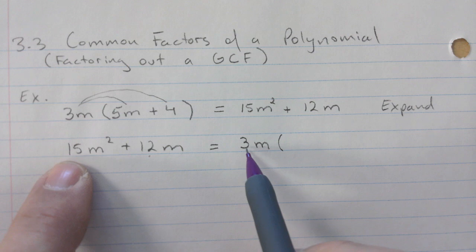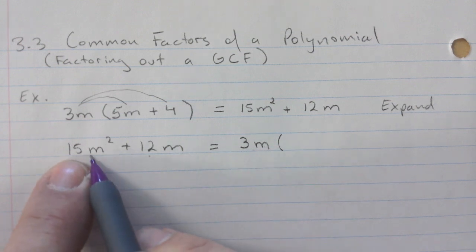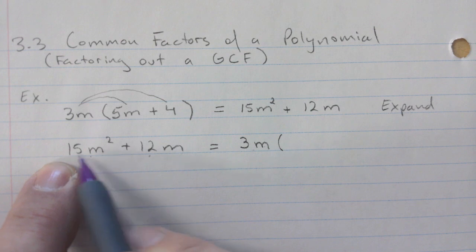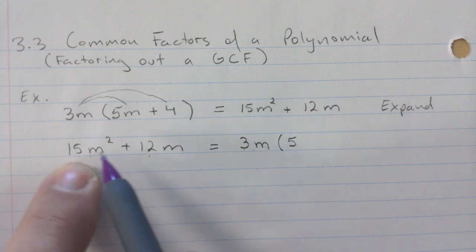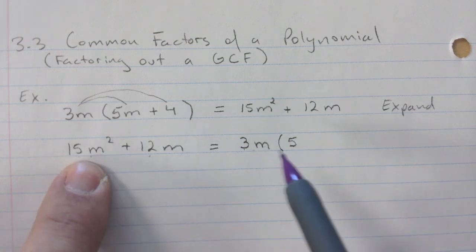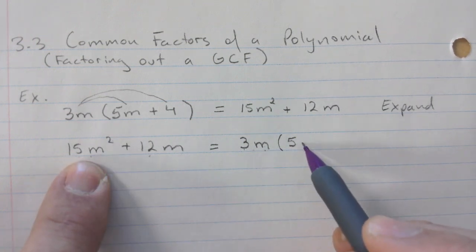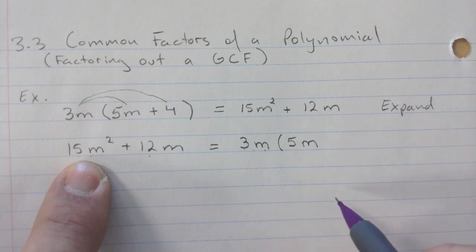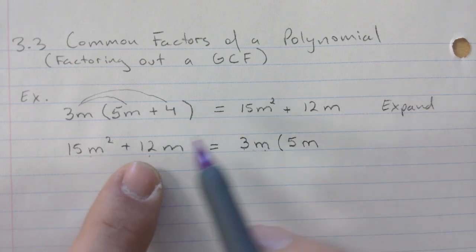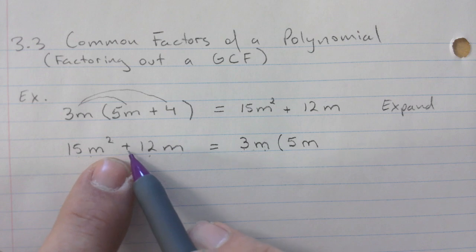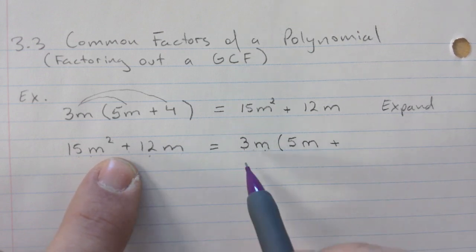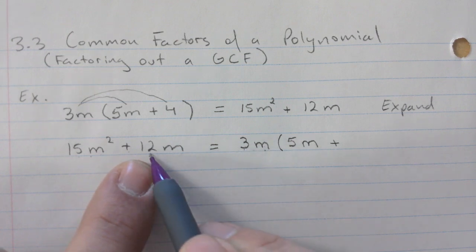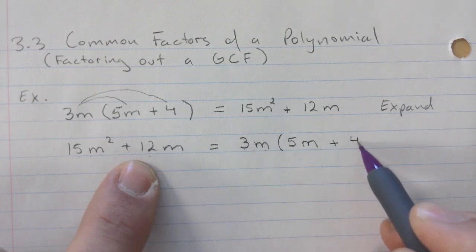So how many times does 3m go into 15m squared? Well, first of all, 15 divided by 3 is 5. M squared divided by m, you're just left with m. Then you move over to the sign, I'm always watching the sign. They're both going to be positive. The 3 goes into 12 4 times.